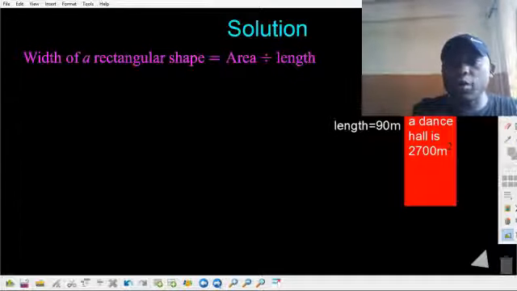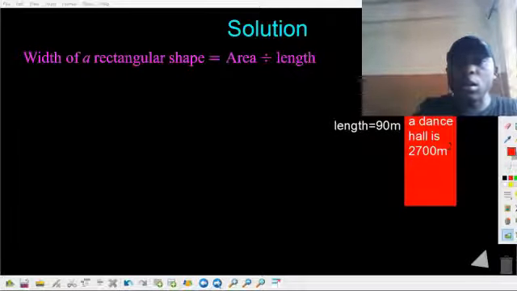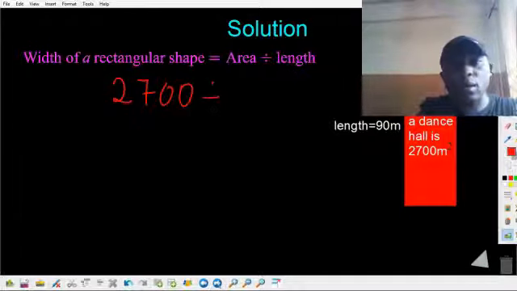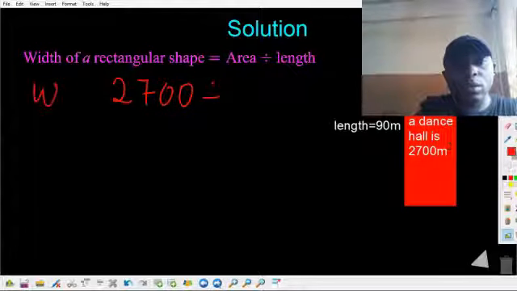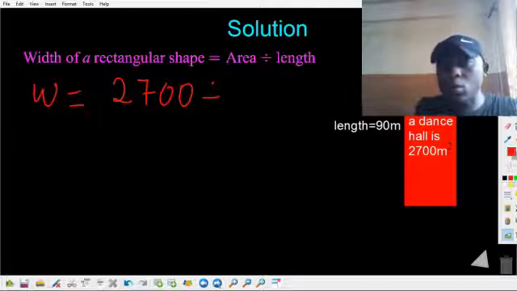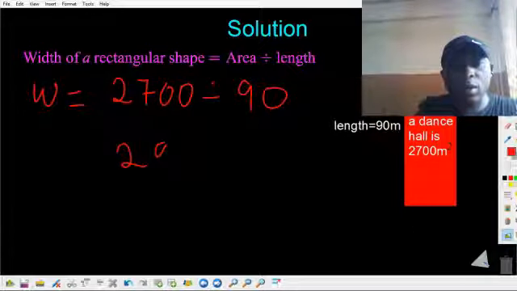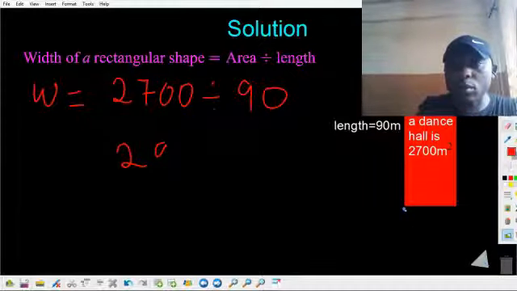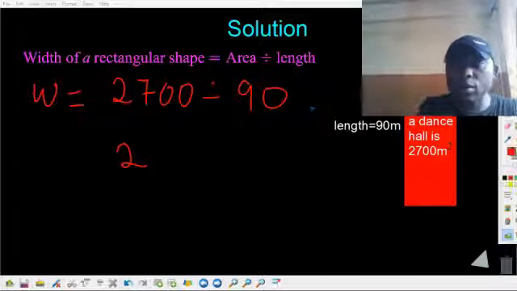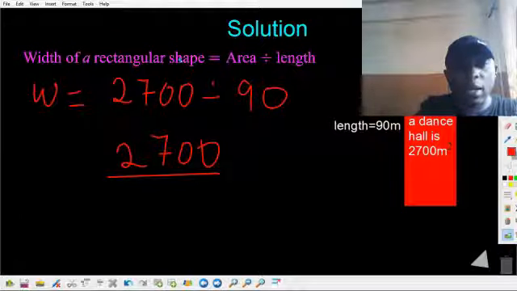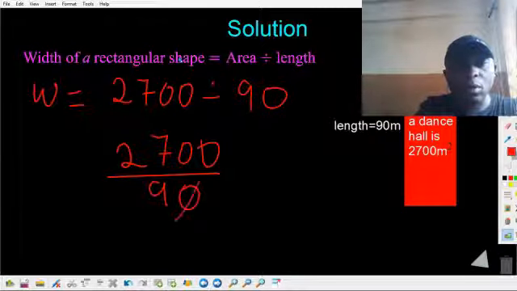Here the area given to us is 2,700 divided by 90. 0 we cancel 0.